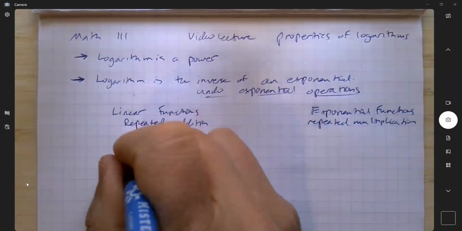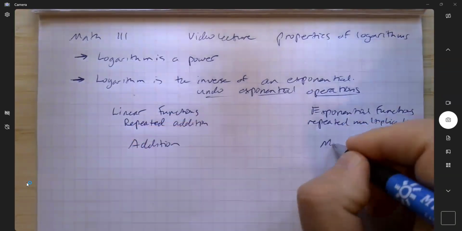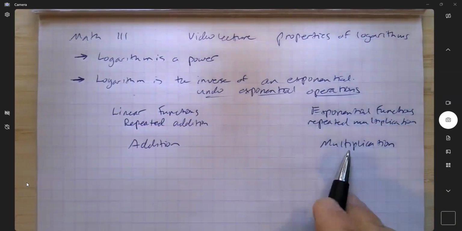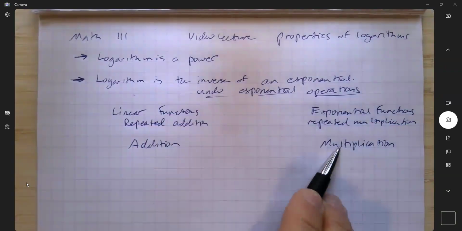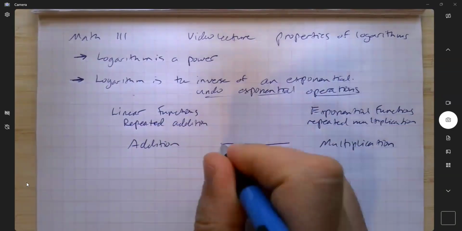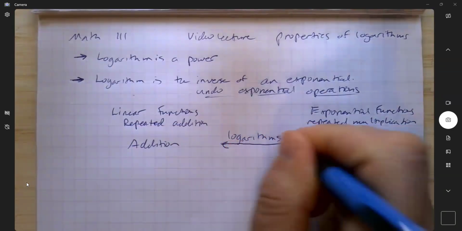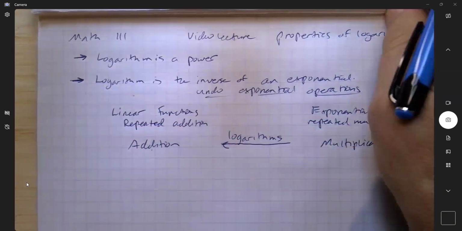So in general, if I want to make this a little simpler, I'll just put addition here and multiplication here. Linear functions work through addition, exponential functions work through multiplication, and logarithms undo exponential operations. So logarithms take multiplication and they turn it into addition.